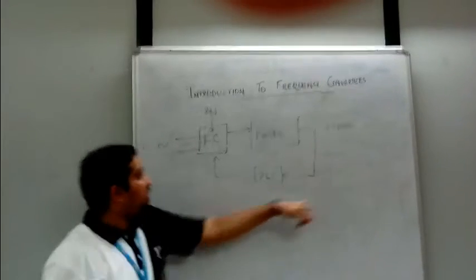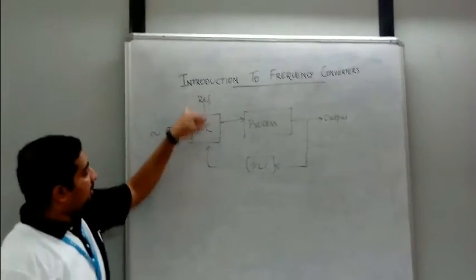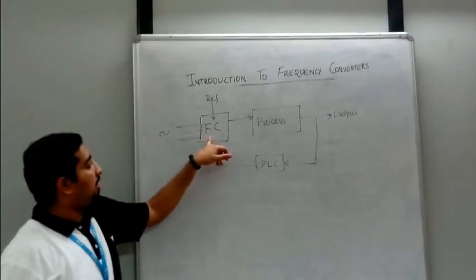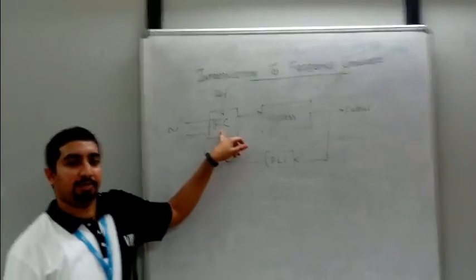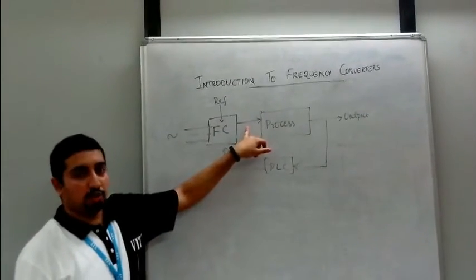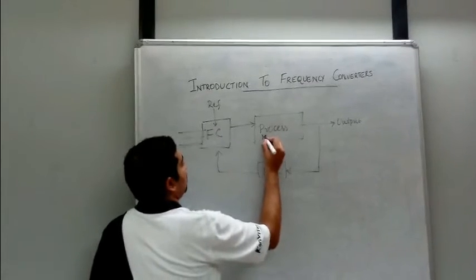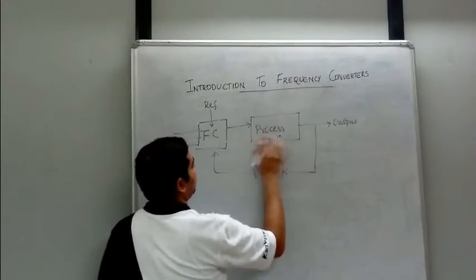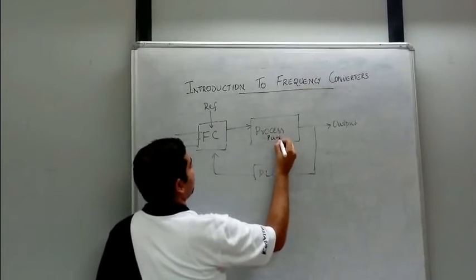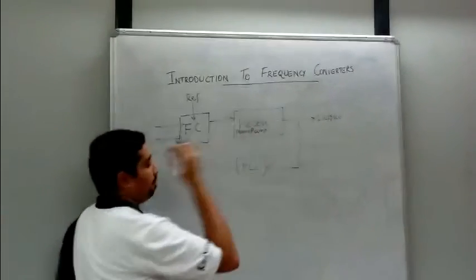So depending on the output, a comparison will be done, an error signal will be generated, and the control system in the frequency converter will control the inverter and the rectifier, and the output will change based on the requirement, and that output is given to the process. Now this process is, say, a motor in a pump. So it's a motor connected to a pump.